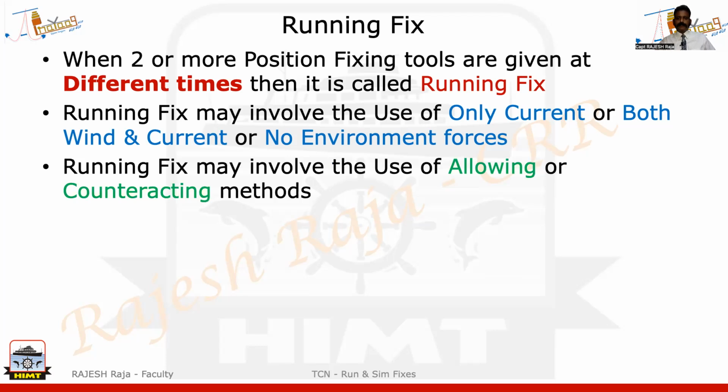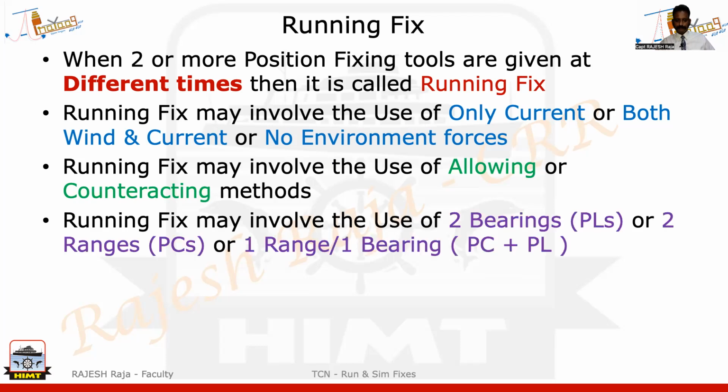Since I can use current and wind, you will see that I'll be forming the basic chart work triangle, which we have already seen. So we'll have a repeat of chart work triangles. The moment a chart work triangle comes, I can broadly categorize into allowing and counteracting method. We have already done allowing method. Now, what fixing tools will you use?